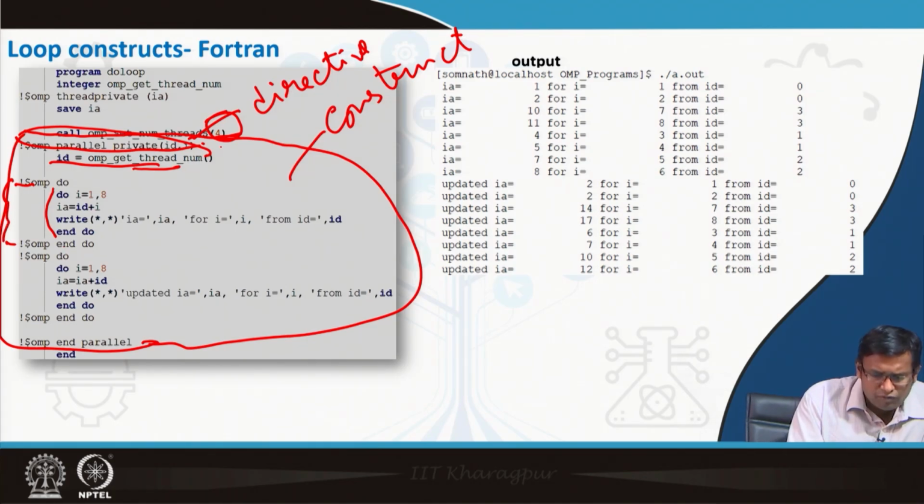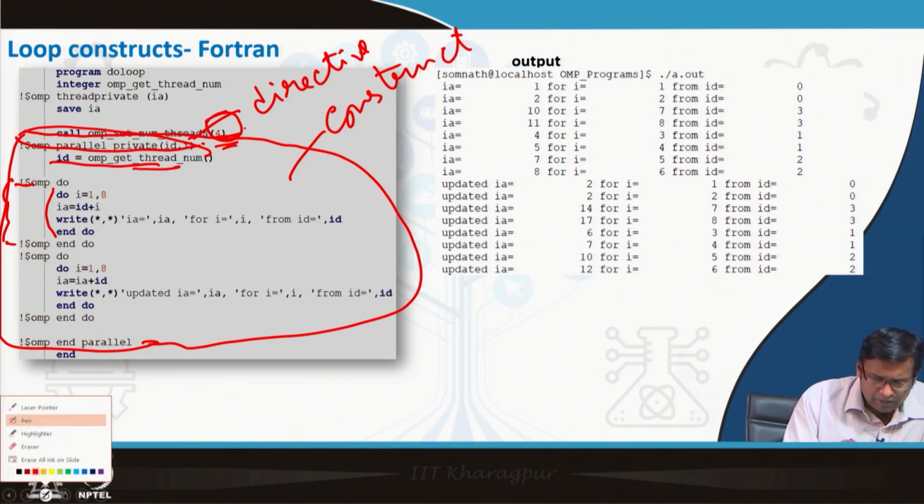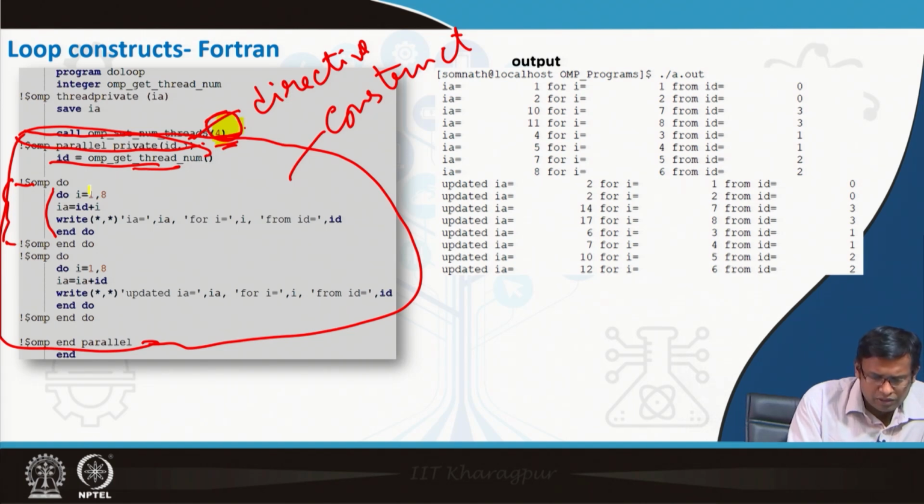These 4 threads which are launched will take care of these 8 iterations in the do loop.